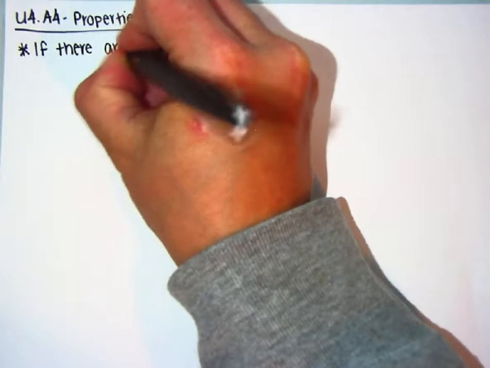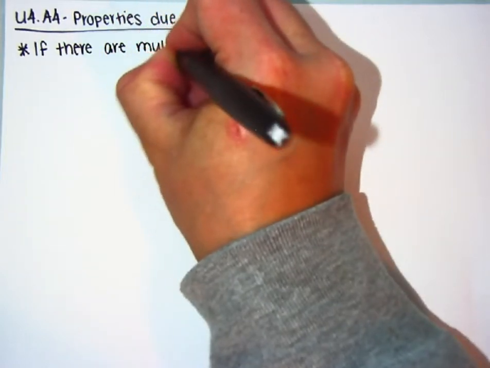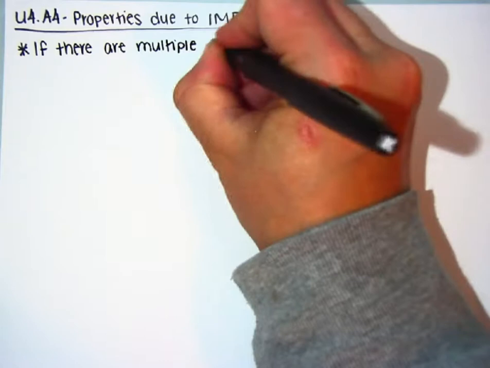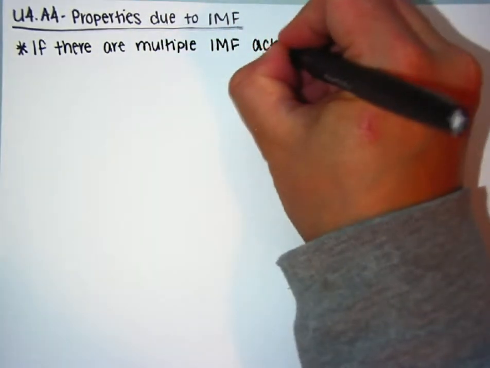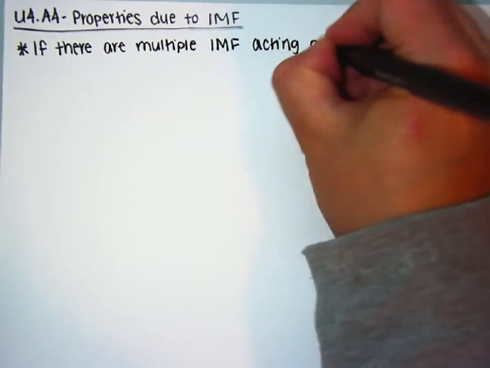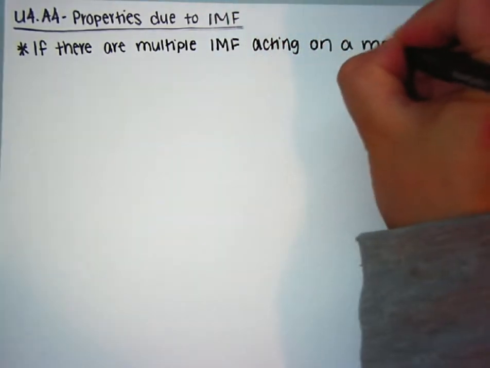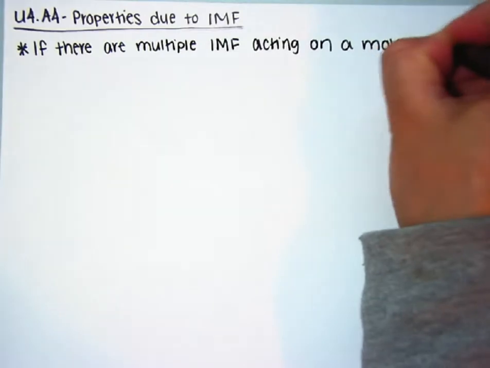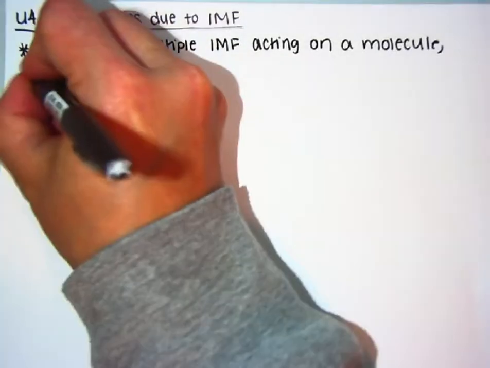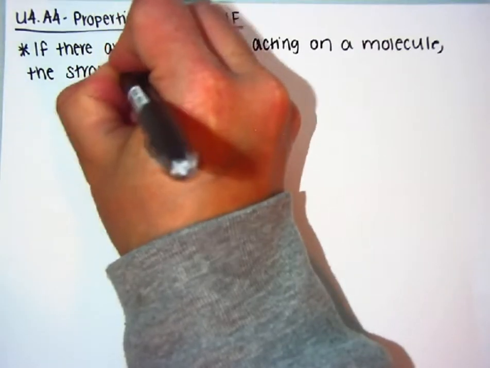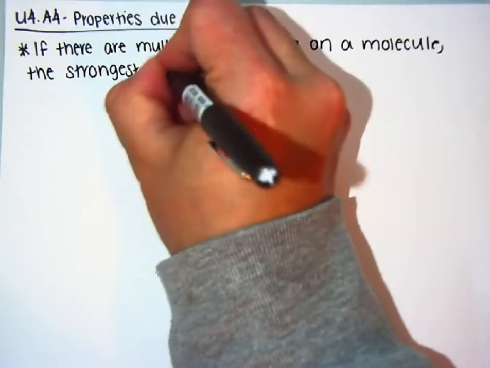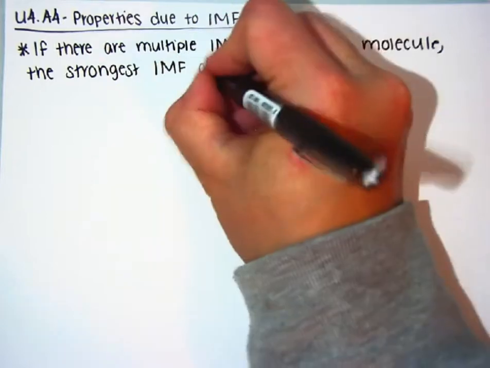If there are multiple intermolecular forces acting on a molecule, the strongest IMF determines its properties.